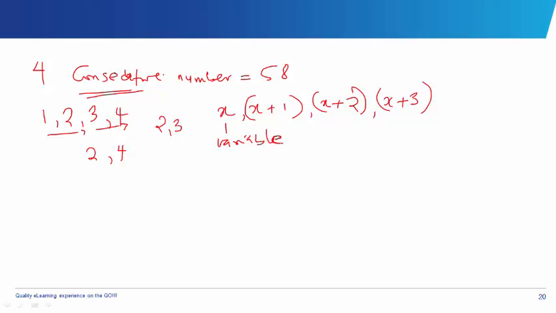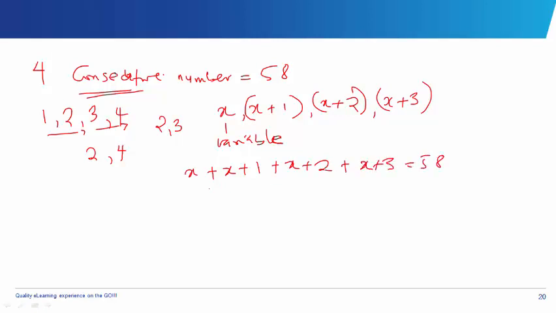Since they are consecutive, they are one step apart. Now the sum of the 4 consecutive numbers equals 58. That means x plus x plus 1 plus x plus 2 plus x plus 3 equals 58.